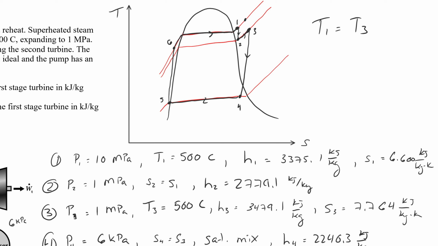Just a few more labels on here for pressure. All right, so now I can start knocking off A, B, and C.